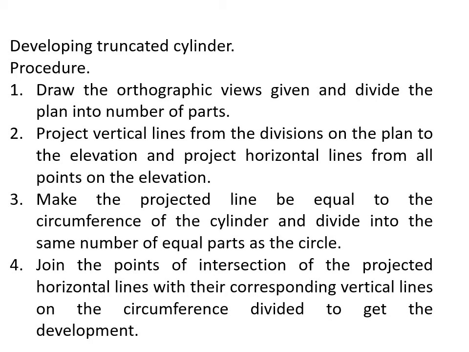Now 3, make the projected line equal to the circumference of the cylinder and divide into the same number of equal parts as the cylinder. If the cylinder is 8 parts, divide into 8. If it is 12 parts, divide into 12.